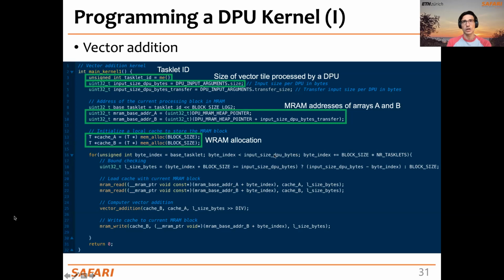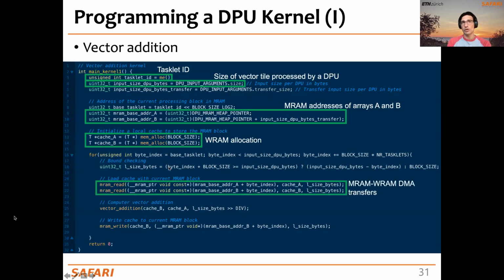We have to check all the time that we don't go out of bounds, and also observe that after each iteration we increase the index by the number of tasklets times the block size that each tasklet operates on in each iteration of this for loop.